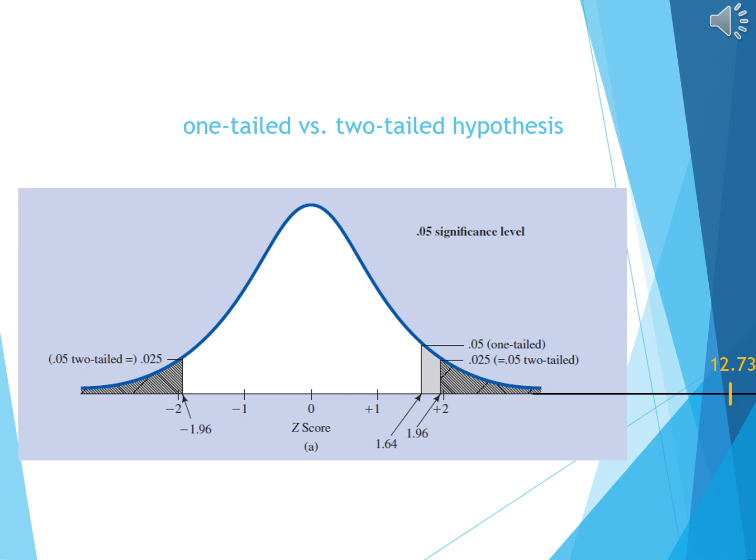If you were to look up the critical z-scores associated with the two-tailed test, you'd find a z-score of negative 1.96 and also positive 1.96. If you were to look up the critical z-score associated with a one-tailed test, it would be 1.64. So obviously 12.73 is way more extreme than all of those numbers in the positive direction.